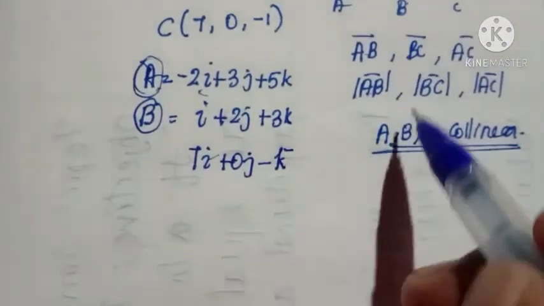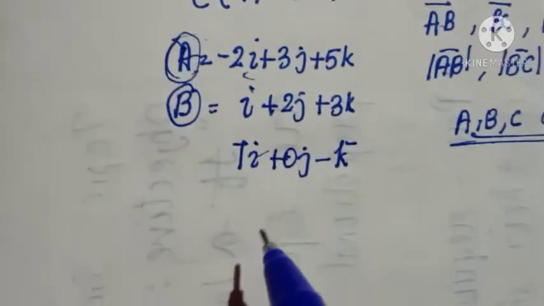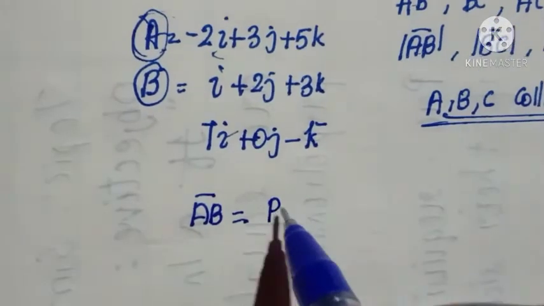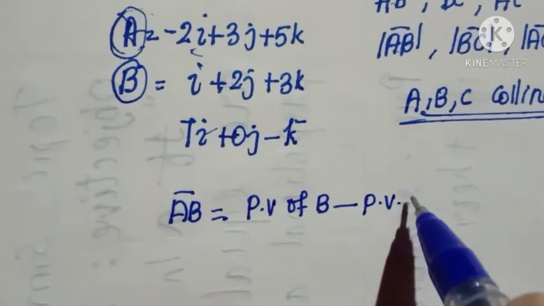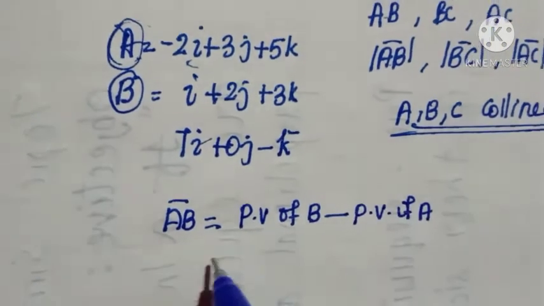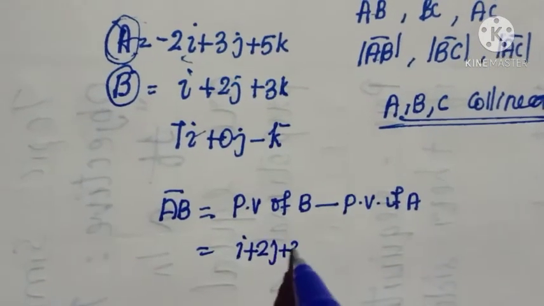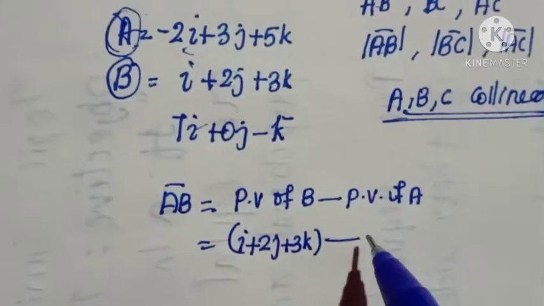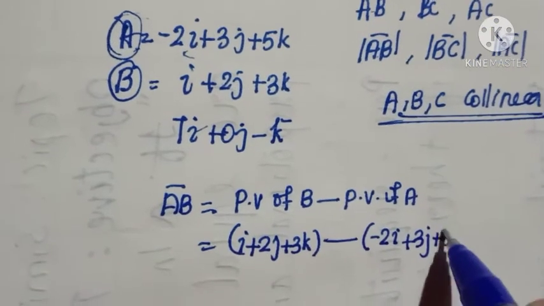Okay. Now find vector AB. Actually these are position vectors of A, B, C. Vector AB is obtained as position vector of B minus position vector of A. Now position vector of B is I plus 2J plus 3K minus position vector of A, which is minus 2I plus 3J plus 5K.